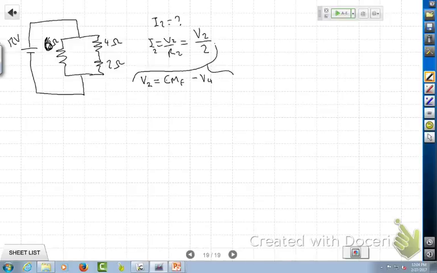Finding my voltage across the 4 is just as hard as finding my voltage across the 2. I've not gone anywhere. I've not progressed. It's a correct statement, but I've not progressed. So that's not a good way to go. So is there another way I can find my voltage? In fact, is there another way I can find this altogether?